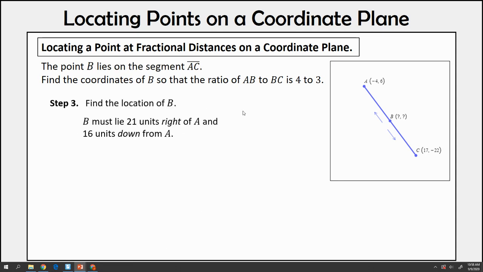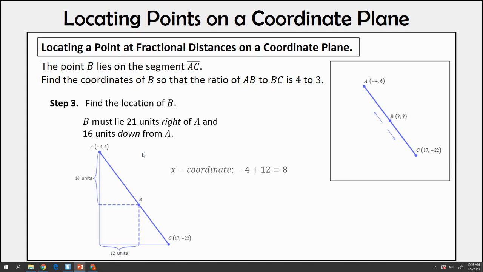All right, so B has got to be 21 units to the right and 16 units down from point A. That will make it 4/7, or this will make it a 4 to 3 ratio. All right, so we want to go 12 units to the right, and we want to go 16 units down. So 12 units to the right would mean you have to add 12 to our A position.